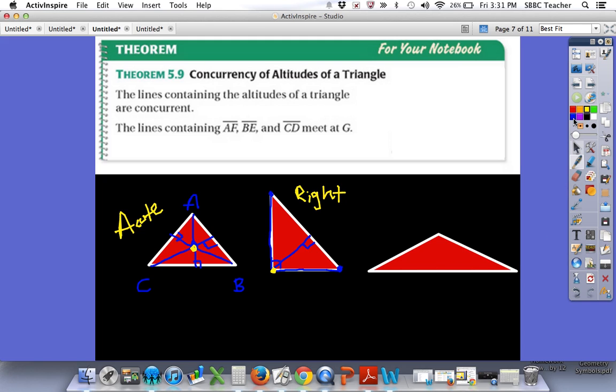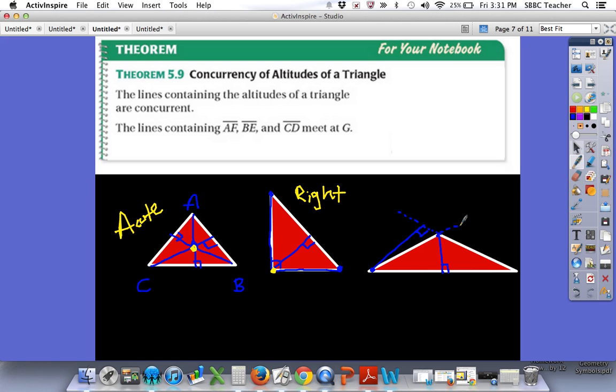Let's take a look at what happens with an obtuse triangle. If we draw a line straight down from this vertex, we obviously have one altitude here. Now, with this vertex, if we were to draw a line straight here, there's no way it'll be perpendicular to the side it's opposite from. But if we extend this side and draw a line straight, then it is perpendicular.